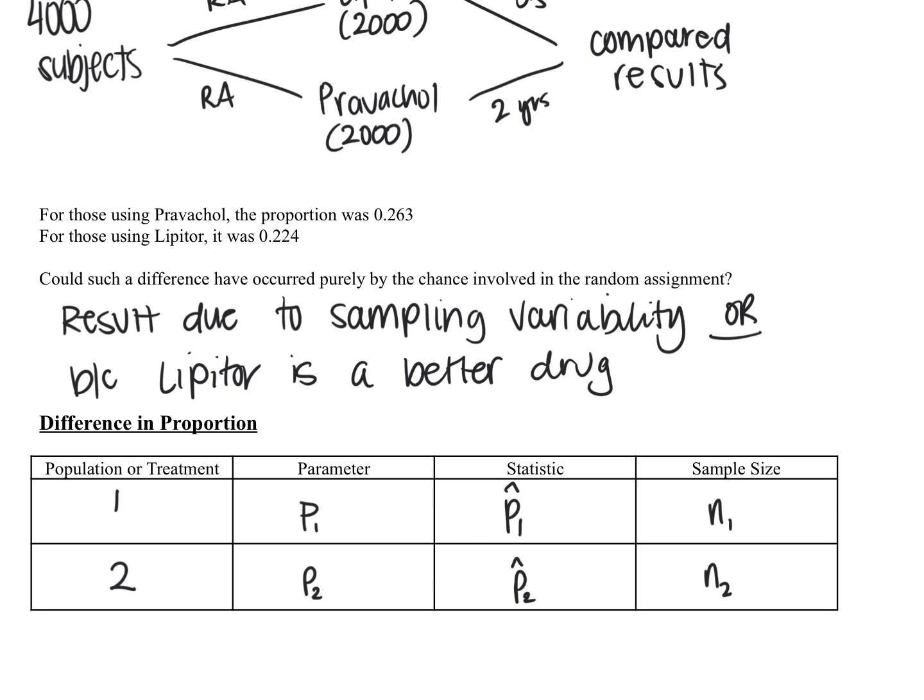Now, those sample sizes could be the same size, like in our last example, we had 2,000 people in each of our groups, or they could be different. Hopefully, they're not so different, like 20 and 600. They should be relatively close, like 40 and 60, or 100 and 150. You don't want the sample sizes to be too different, though.